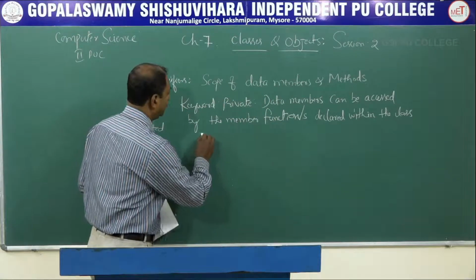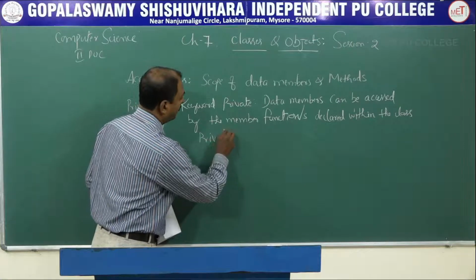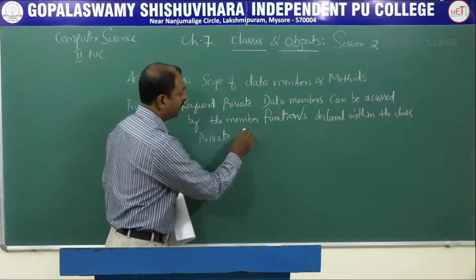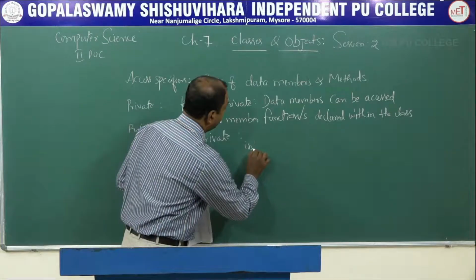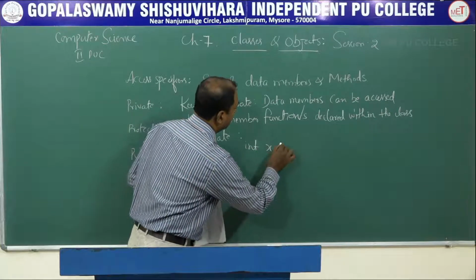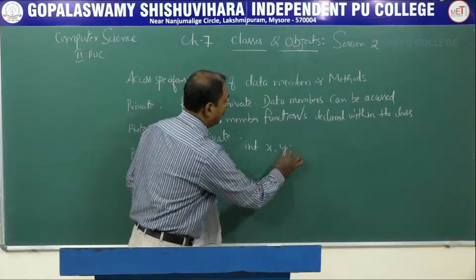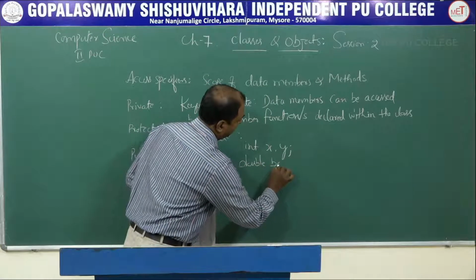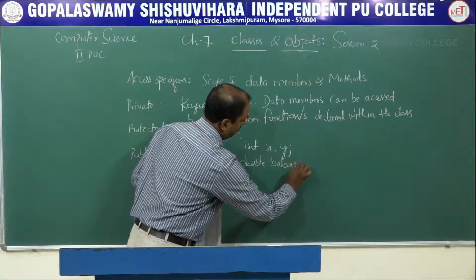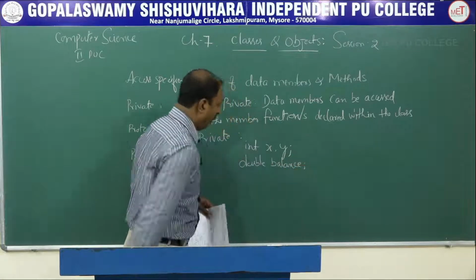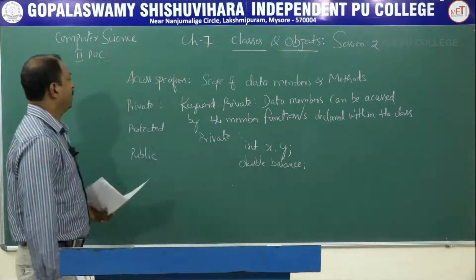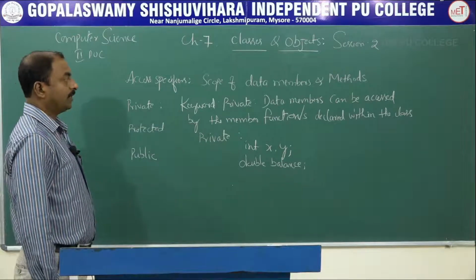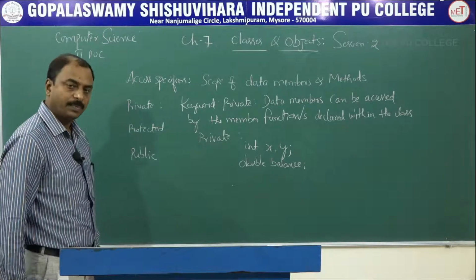Yesterday I showed the example: private is a keyword followed by a colon, and we declare variables here: int x, y and double balance. These are examples of the private access specifier.